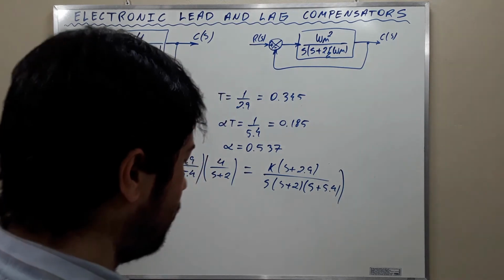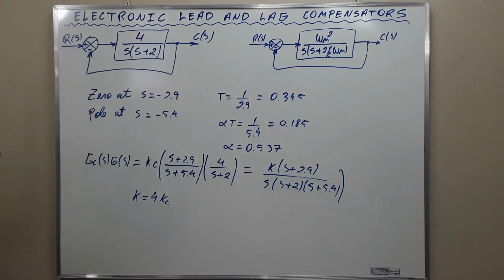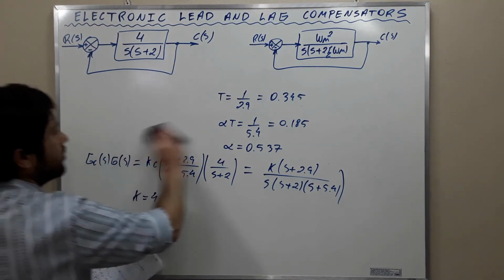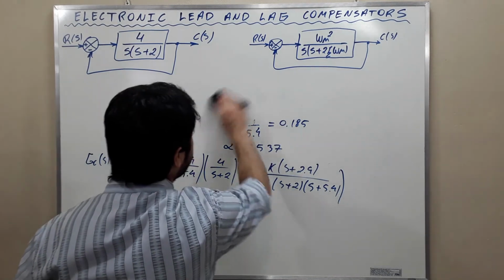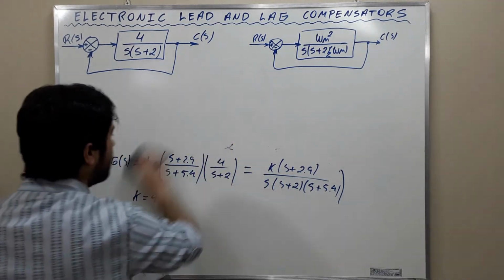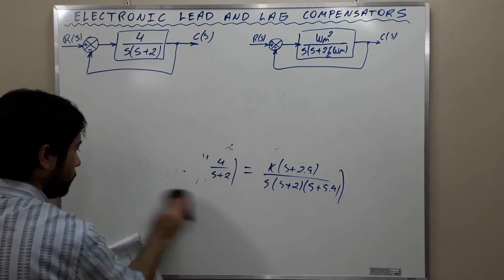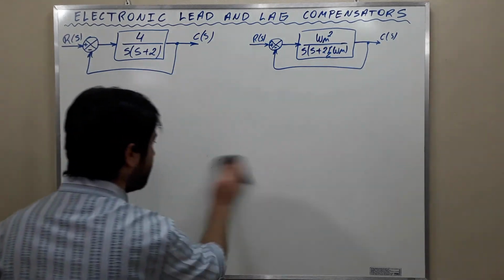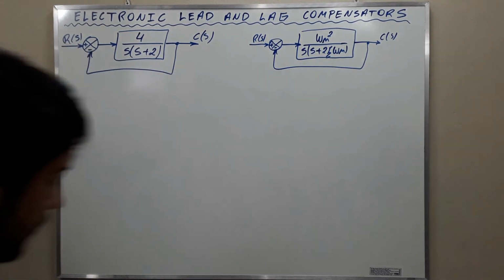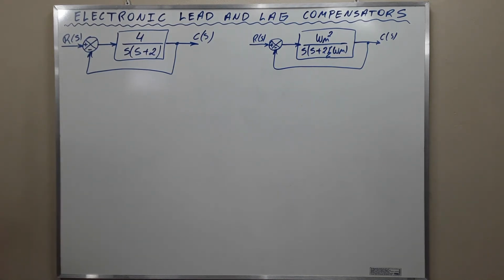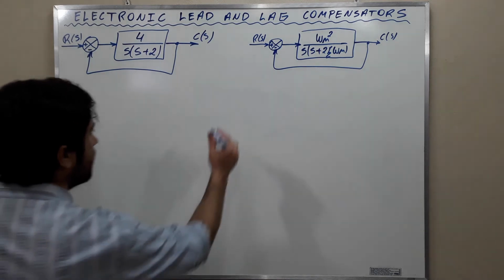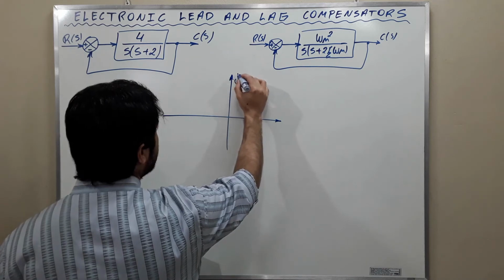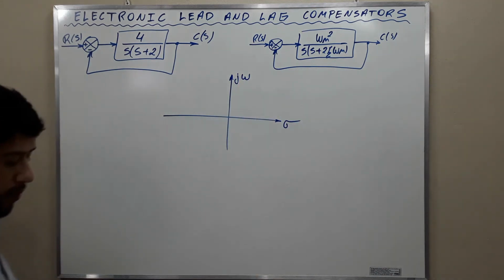Now let's draw the root-locus plot of the compensated system. We're going to have here the jω axis, sigma, the complex plane.